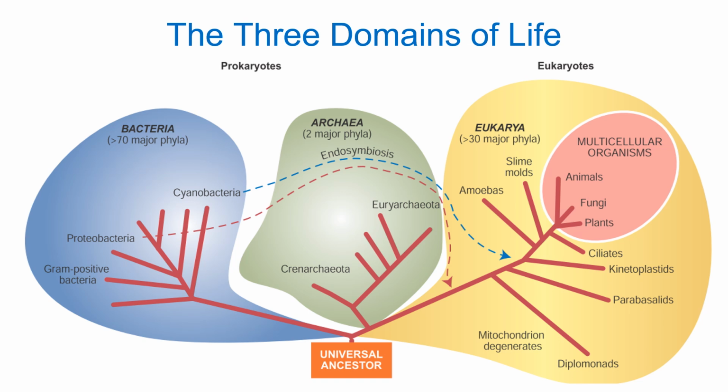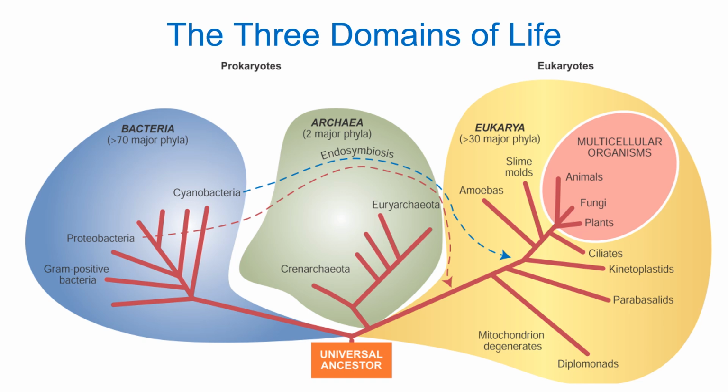And that's because archaea and eukarya share a number of biochemical similarities that we don't see in bacteria. Now also there's some dotted lines there, and I'm not going to talk too much about this just yet. We're going to talk about this in detail when we talk about the appearance of eukaryotes.